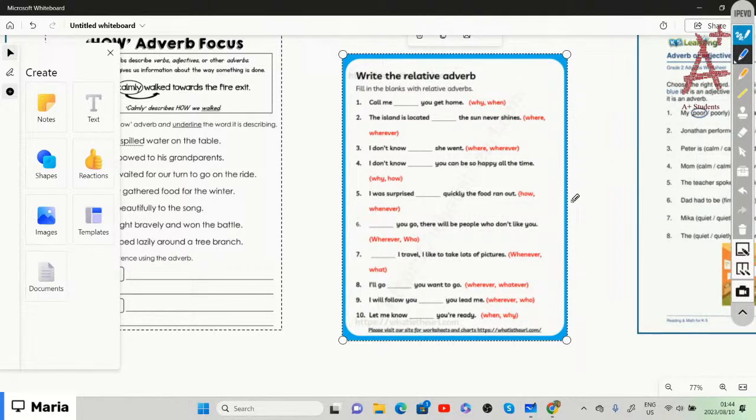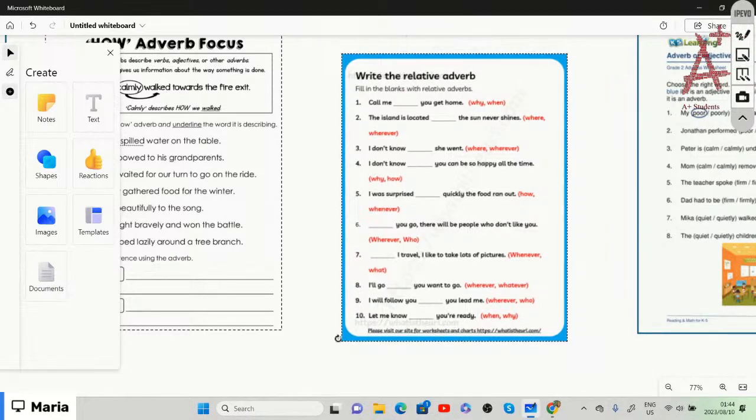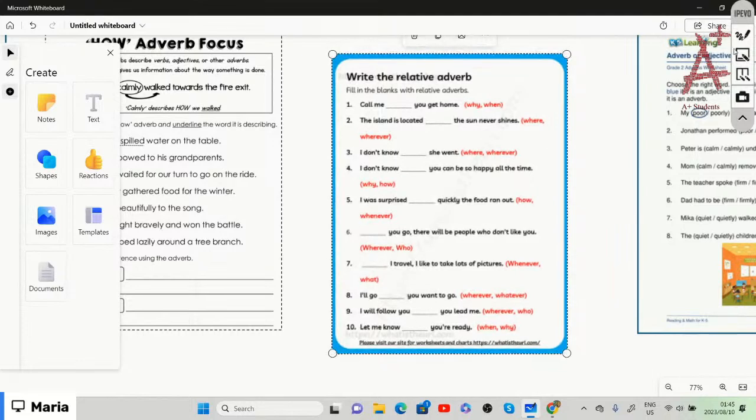So call me, is it why or when you get home, right? So we're going to choose one of these words. So call me, oops, I'm going to make it bigger. So call me when or why you get home, right? So we're going to say, call me when you get home.